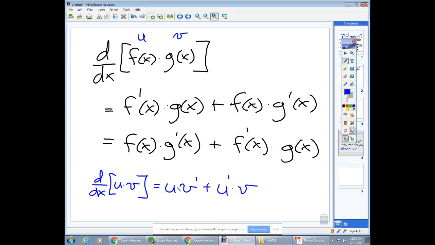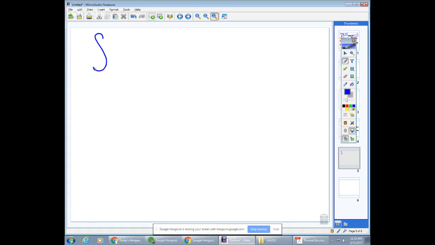Okay, so what we're going to do next is integrate that thing right there and see what happens. So we are going to consider the integral of the derivative with respect to x of u times v, and that should be equal to the integral of, let's see, how did I write it over there?